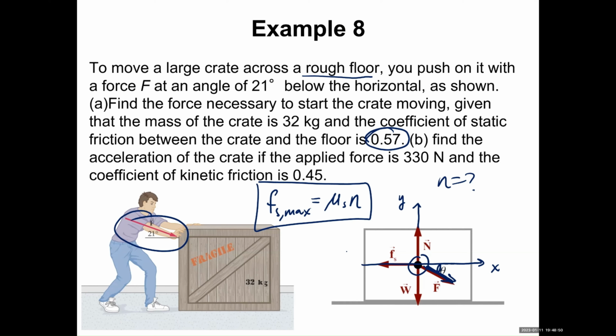Again, go ahead and remind me how to find the gravitational force here. Mass times acceleration, or mass times gravity. Exactly. Because the gravitational force is straight down and there's no incline, the gravitational force doesn't have any components. It's just basically mass, which is 32 kilograms, times 9.8.